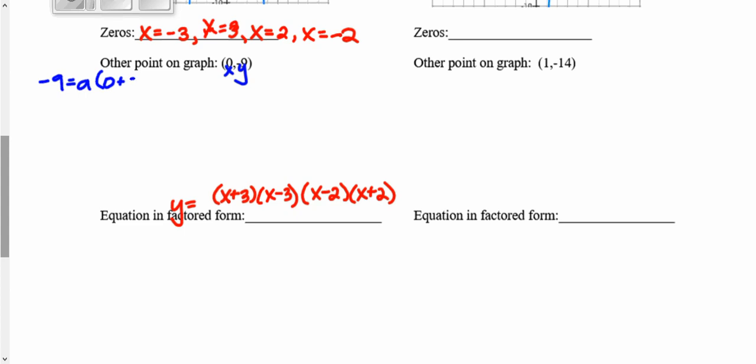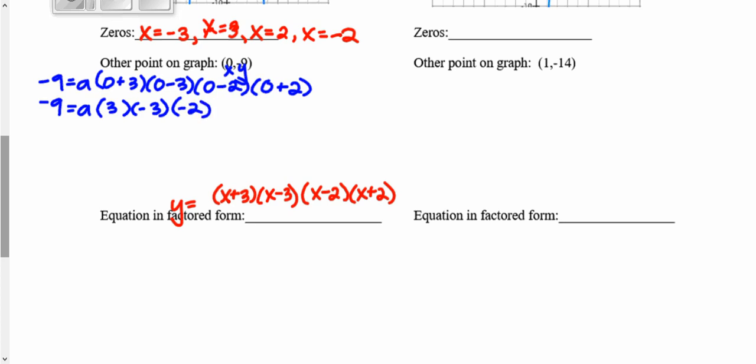So 0 plus 3, 0 minus 3, 0 minus 2, and 0 plus 2. And now I'm going to simplify. So that would be 3, -3, -2, +2.